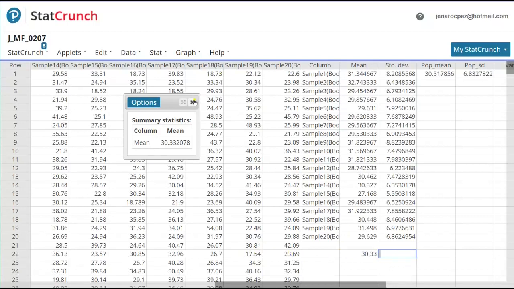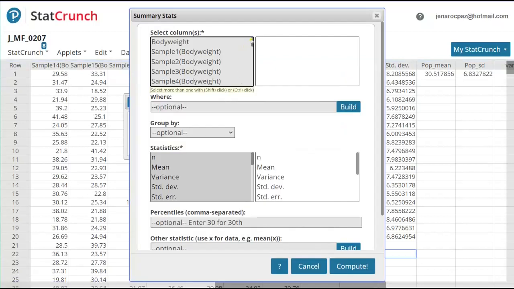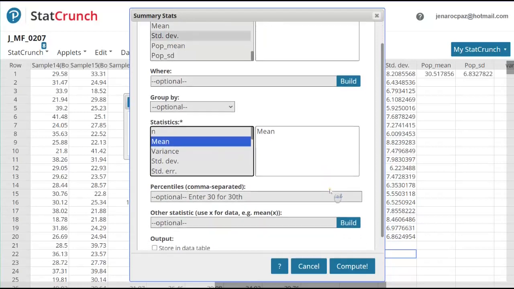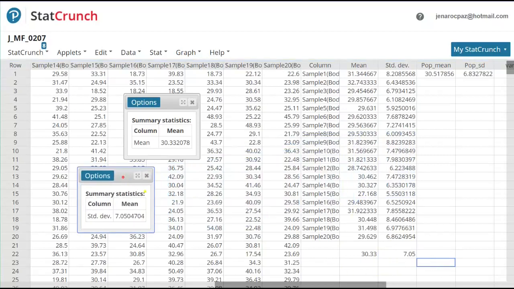And what about the mean of the standard deviations? 7.0505. Okay. And now let's compare.